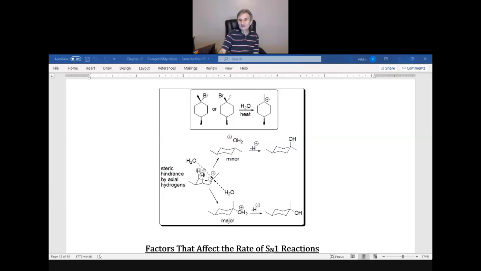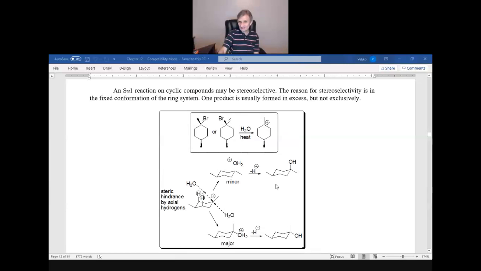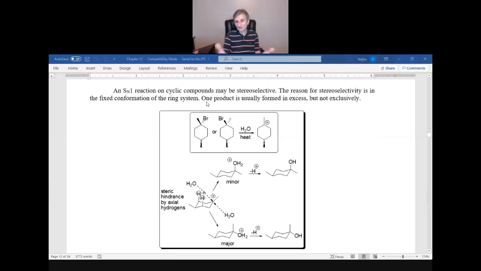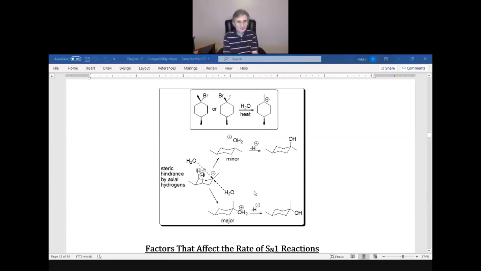We still get a mixture of the two, but in this case one stereoisomer clearly predominates. You don't need to worry about that. This is a little bit more advanced stuff, so you will not be tested on that. So this top part of page 302, reaction in cyclic systems, you don't need. If you know that, that's good, particularly if you're interested in that. If you go on to study more organic chemistry, you will be covering things like this, but you don't need to worry about this. This is an example of a reaction that is stereoselective, but not stereospecific.